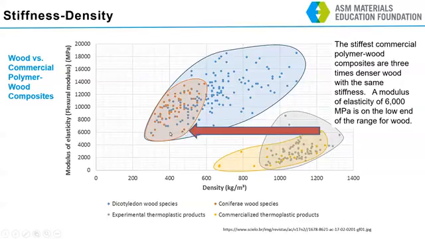And that's going to be associated with a density on the order of 400 kilograms per meter cubed. The best of my engineered composites, my polymer wood composites, comes in at about that same stiffness. But my density is 3 times higher. So to get the same performance, that same acceptable amount of flex when I sit down on the bench, my polymer composite is going to weigh about 3 times more than my wood.